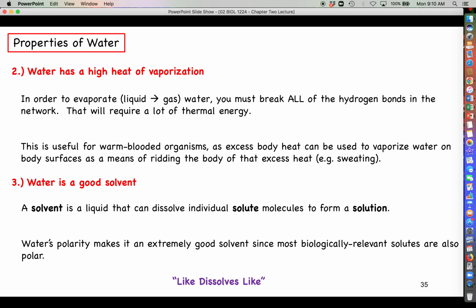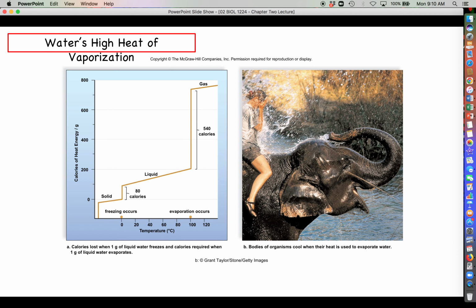So if you've never heard this expression before, like dissolves like, water as a polar solvent is going to want to dissolve polar solutes. You're not usually going to have much success dissolving a nonpolar solute in a polar solvent. Think of what happens when you try to get oil, which is nonpolar, to mix with water, which is polar.